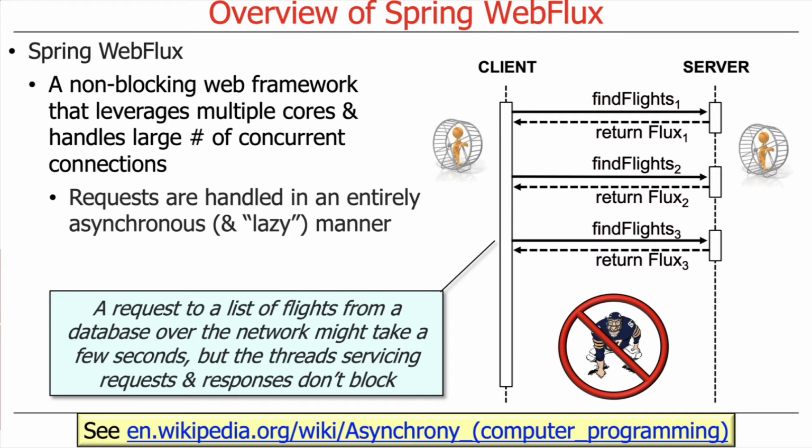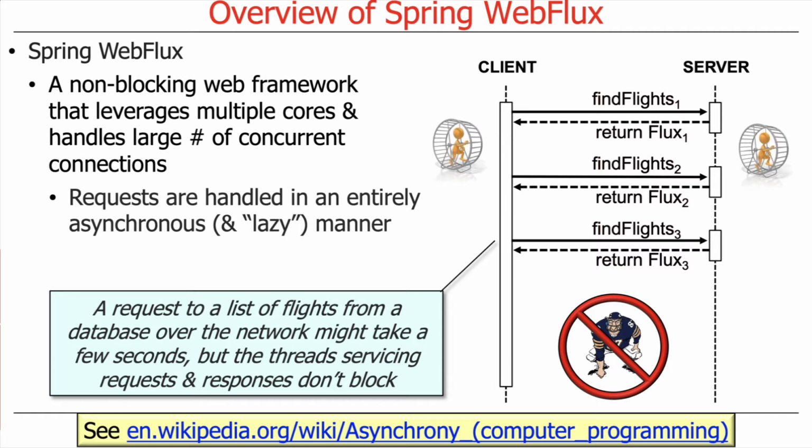What we want to do here is make this so that both the client and the server don't have to block. The client doesn't want to block because it wants to be responsive to other things. While you make that request, you might decide you don't want to do it and cancel. So you want control of the GUI so you don't have to wait for the results to come back. You can cancel immediately or navigate to some other part of your GUI.